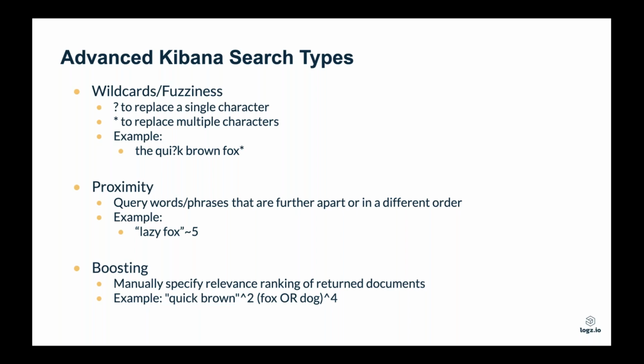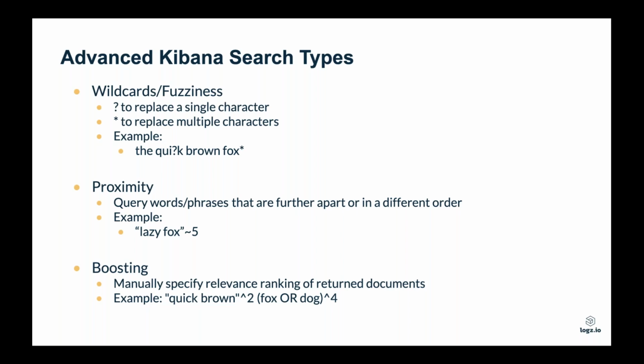Proximity is going to be our second search type, and this one could potentially be a little bit less familiar to people. Essentially, all we're doing is trying to identify a distance between two terms that we want to extract.